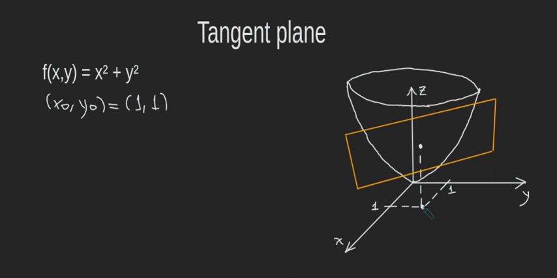So here you have the point 1, 1, and you have a point on the surface of this function, and we want to know what is the equation of this orange plane here, which is a tangent plane to this surface, passing through this point.